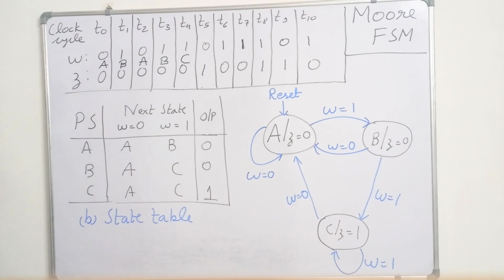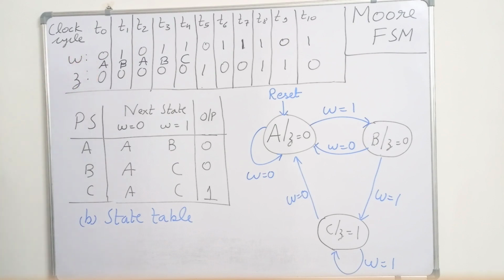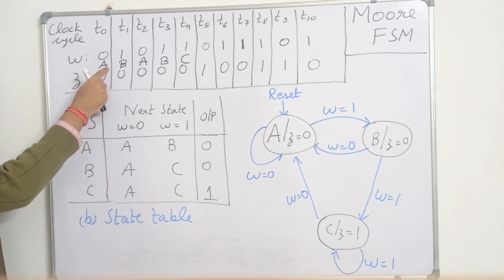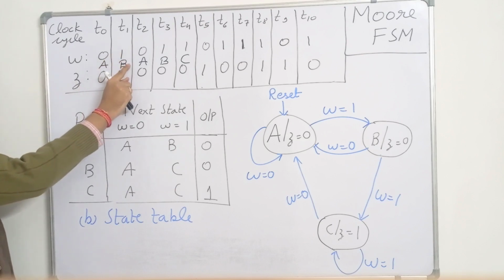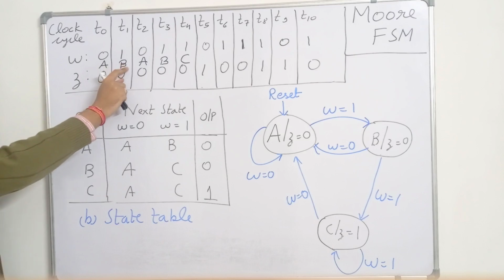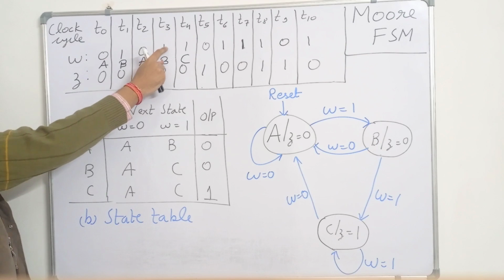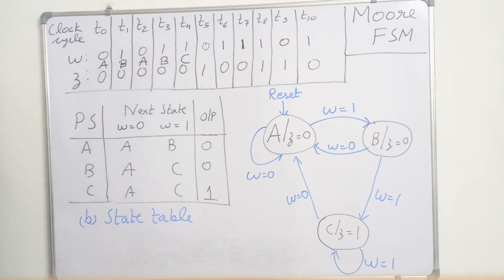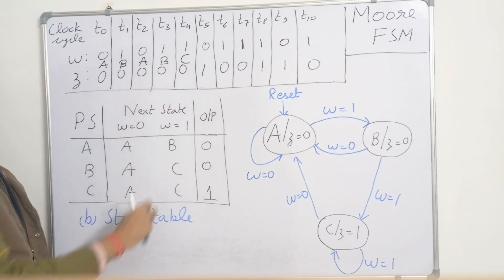So we will need three states. First state is A. A means input is 0. So whenever input is 0, system is in state A. Now when system is in state A and input is 1, it will go to state B. When system is in state B, input is 0, it will go to state A. When system is in state A, input is 1, it will go to state B. State B means single one is detected and state C means two ones are detected.